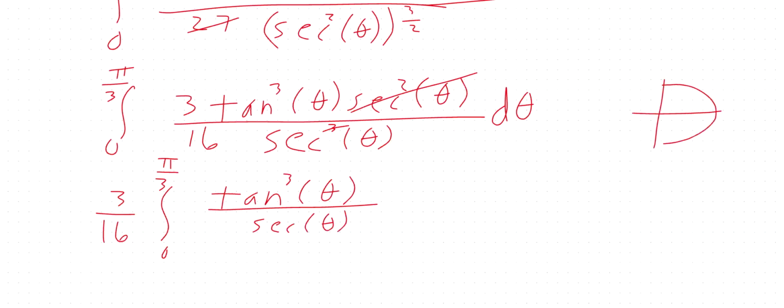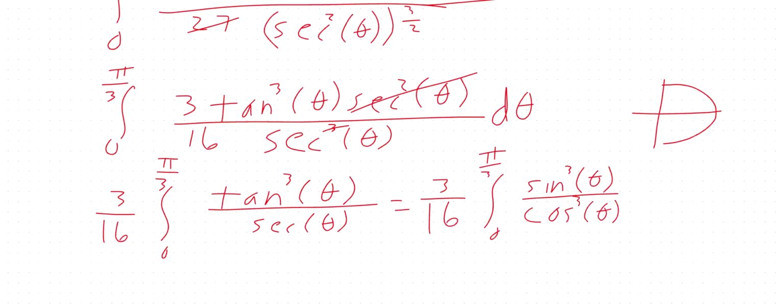So now we have a bit of an issue with changing this and doing our integral. But again, like we did before, let's change everything to sines and cosines. So tangent is sine over cosine. So we have a sine cubed over cosine cubed.